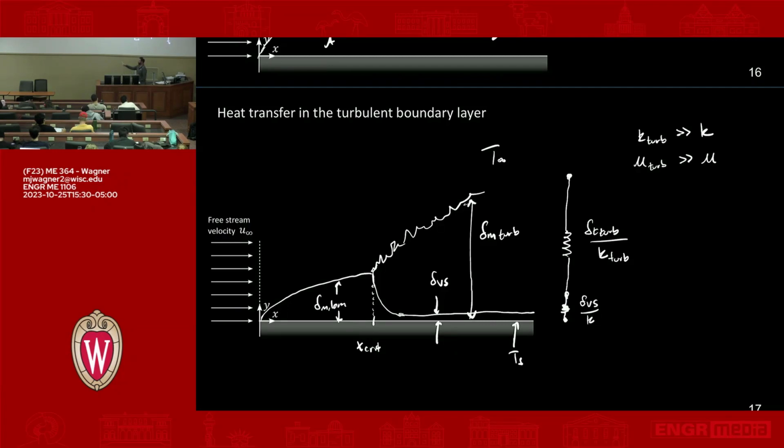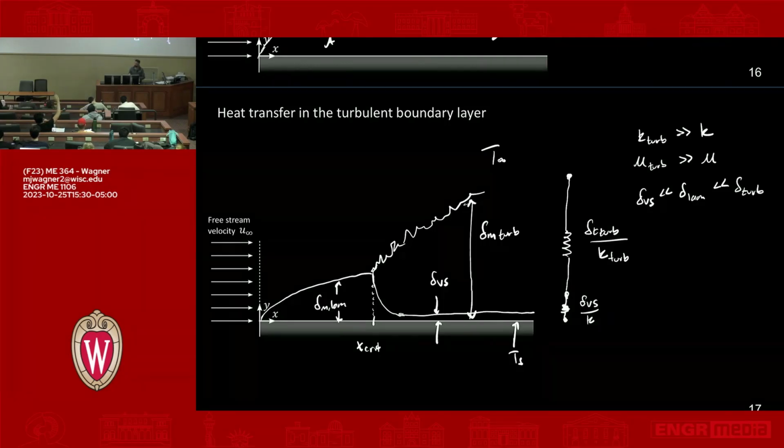When it comes to the thicknesses of these different layers, the viscous sublayer delta Vs is much smaller than the laminar boundary layer, which is in turn much smaller than the turbulent boundary layer. All these things have to combine to get some combined estimate of the heat transfer that's occurring.